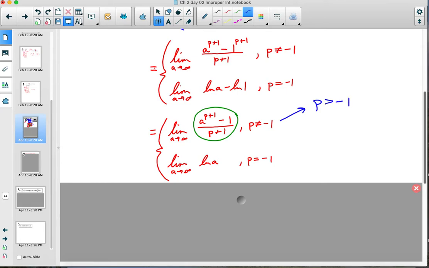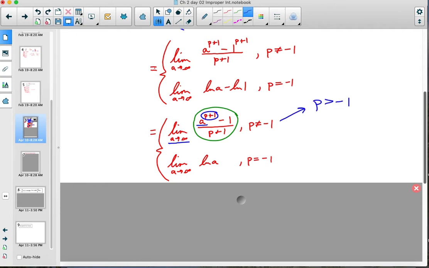For example, if p is 0, or 1, or 2, or 3, or even 1/2. In that case, when p is greater than -1, this exponent up here is going to be positive. And so we're taking the limit as a goes to infinity, so we're taking bigger and bigger numbers, a, raised to a positive power.